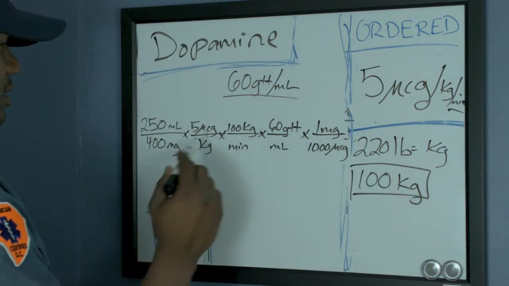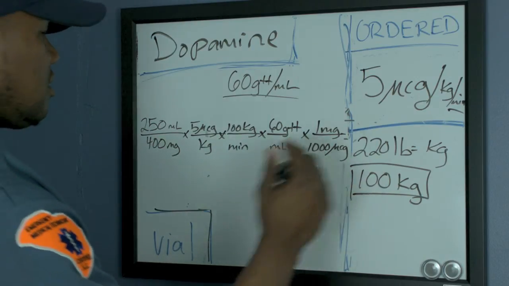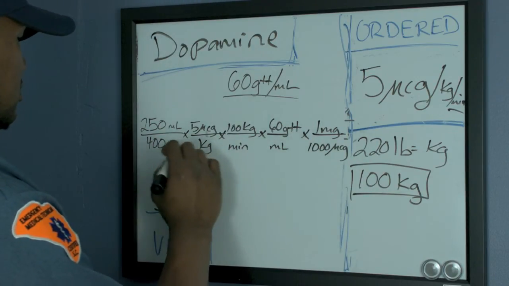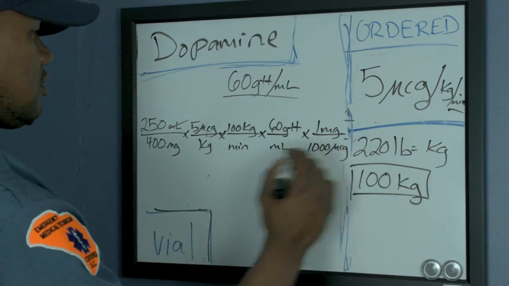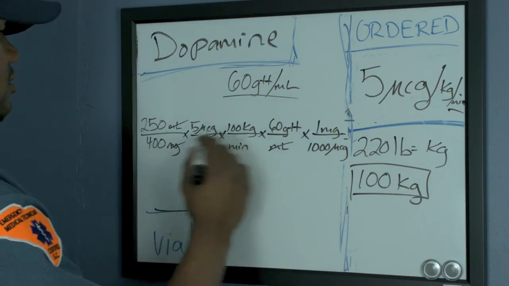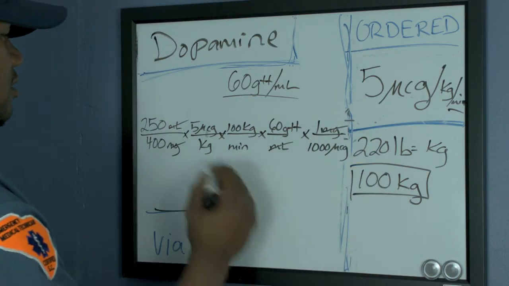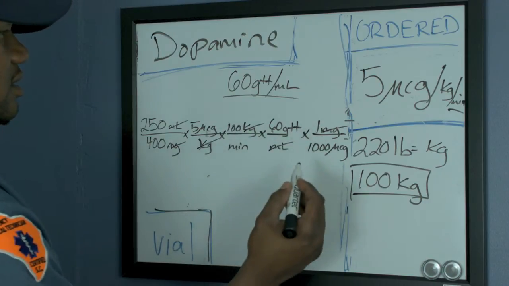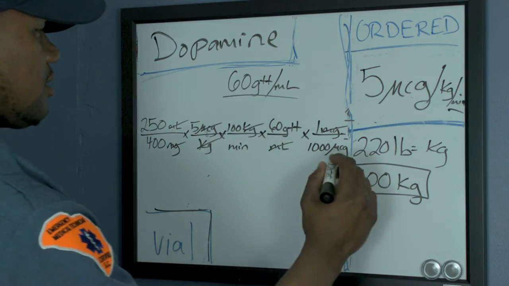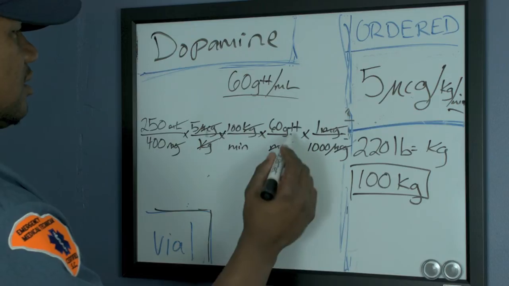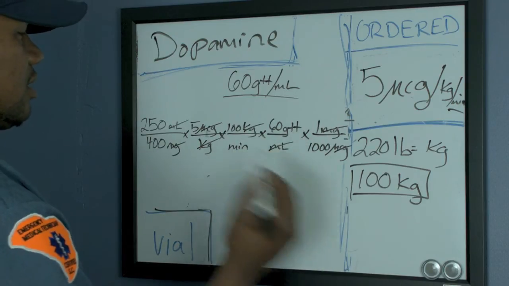So what you end up with is milliliters, cancel out. Milligrams, cancel out. Kilograms, cancel out. Micrograms, cancel out. And you're left with drops per minute.